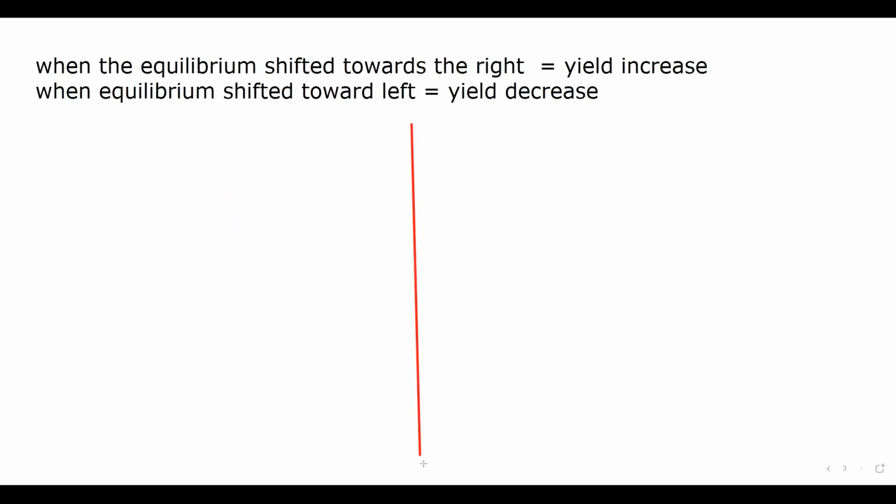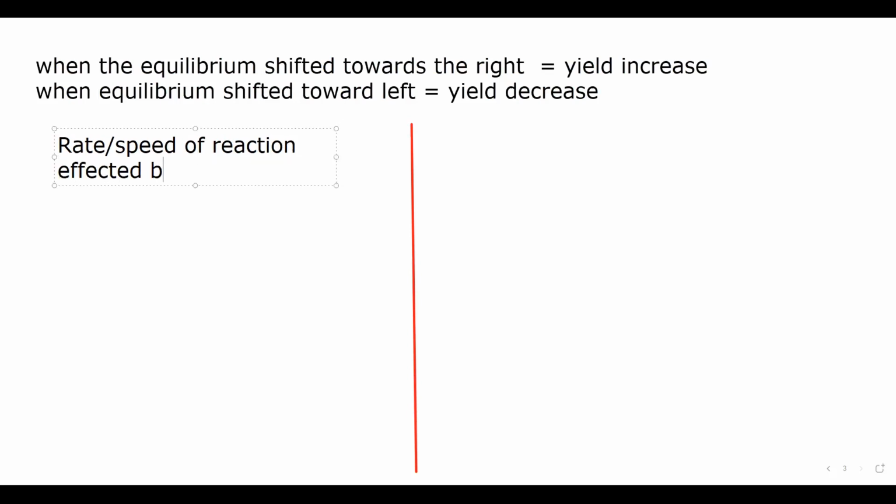Just recall the idea of the rate or speed of the reaction. Because in the question they relate all the things together, sometimes students get confused between the concept of rate and equilibrium. The rate or speed of a reaction is affected by, number one, concentration.